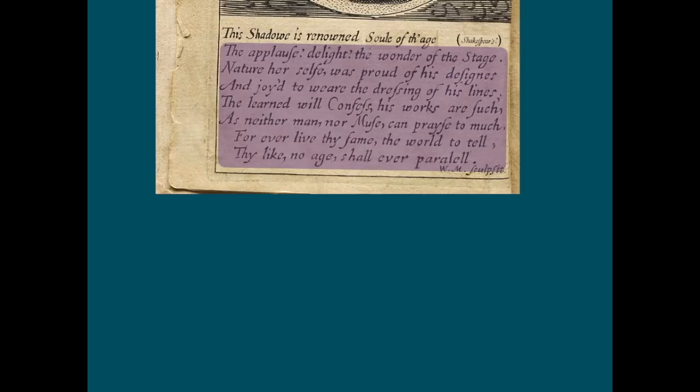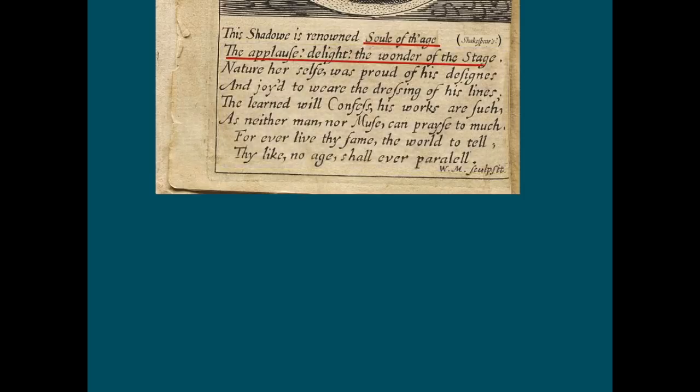Renowned means praised as or celebrated as, so by repute, but particularly in terms of praise. So this shadow is renowned soul of the age, the applause, delight, the wonder of the stage.